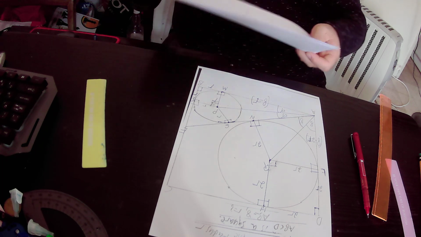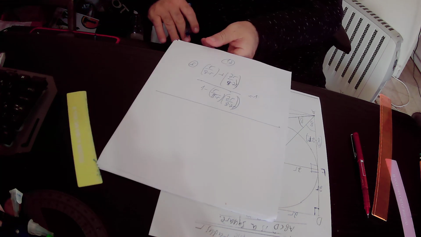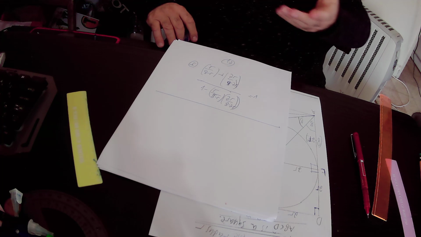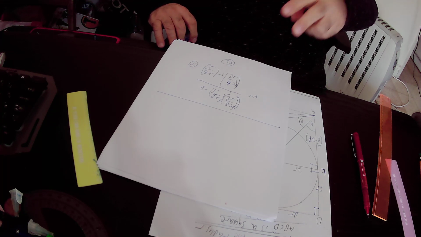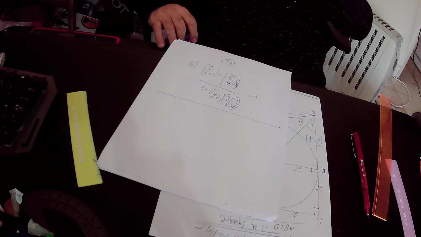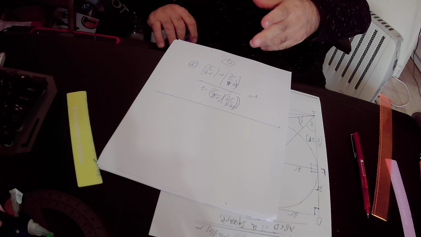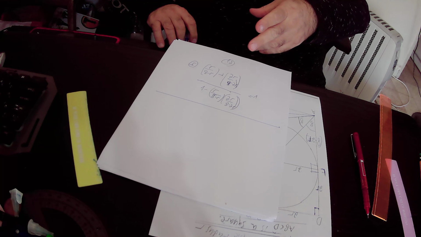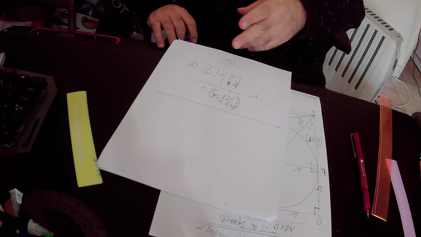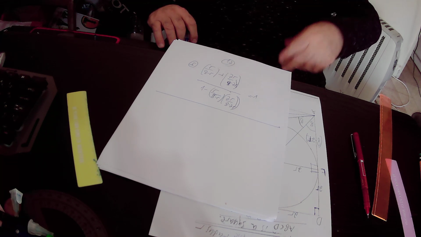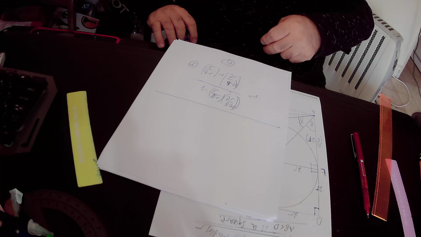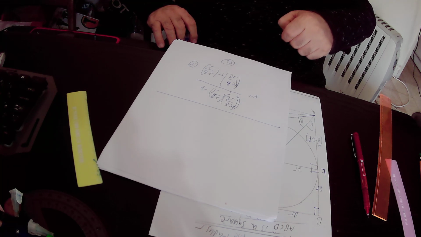Okay, so we substitute the tangent alpha and tangent beta by the values that we found, and we got this equality. So we have here only one variable that is missing, that is the radius of the small circle, and one equation. So it is very simple to solve this equation.